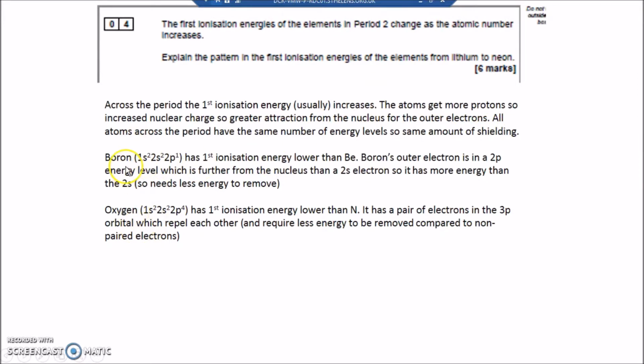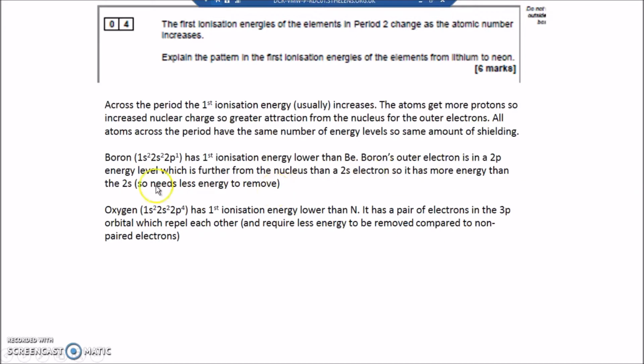Now we're going to mention the two anomalies. As you go from beryllium across to boron, one across, actually the first ionization energy comes down. So boron's first ionization energy is lower than beryllium. And the reason for that is because boron has got a 2p1 electron. It's got a p electron. Beryllium only had 2s2. And that p electron's further from the nucleus.